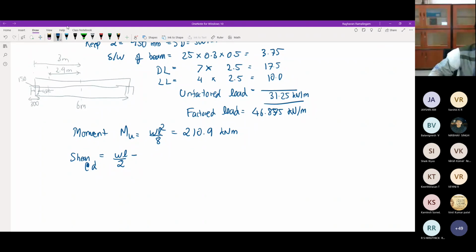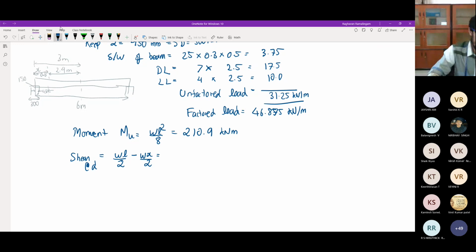So the remaining part is whatever we have, we just have to subtract that. So that will be W by 2 minus W into x.